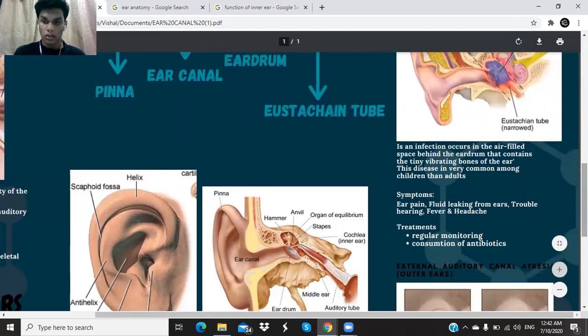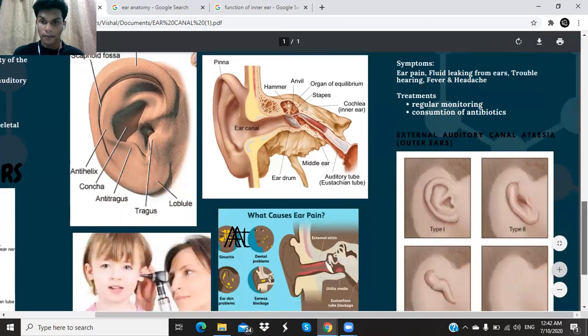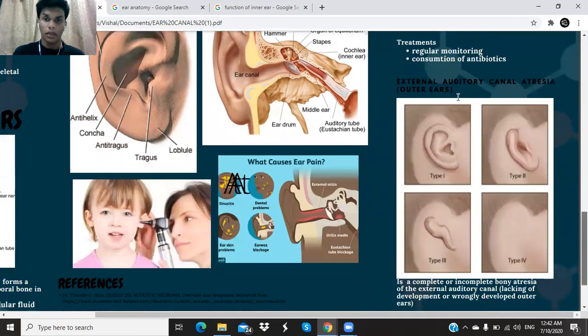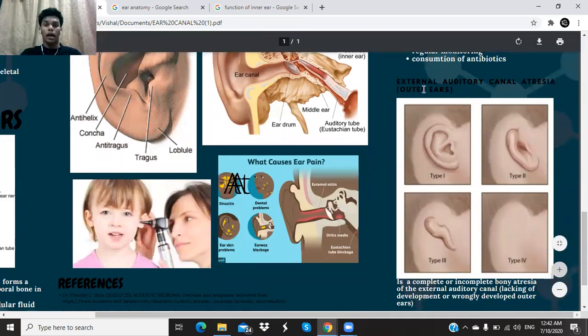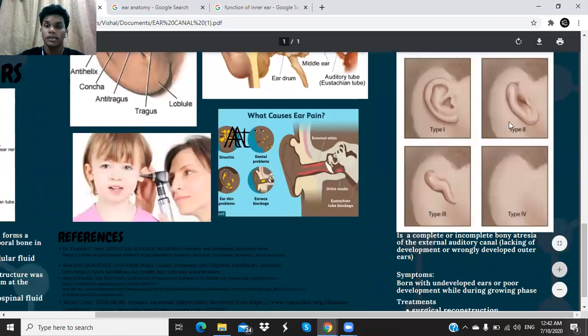The last disease is known as external auditory canal atresia. This happens in our outer ear, and it is the incomplete development of the external ear, or wrongly developed outer ears. As we can see, there are four different types of incomplete development.